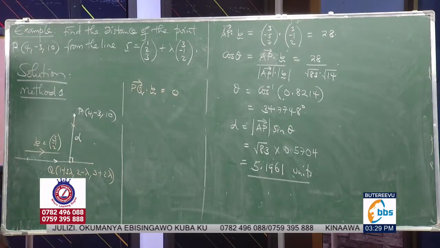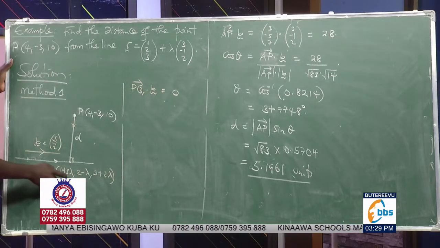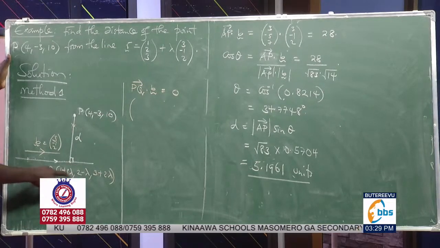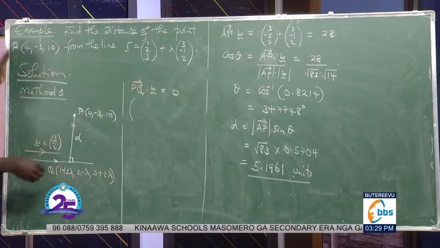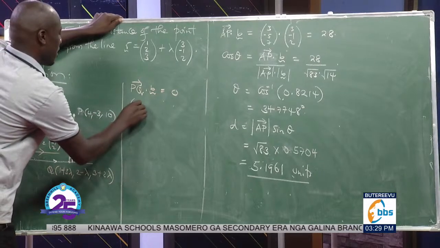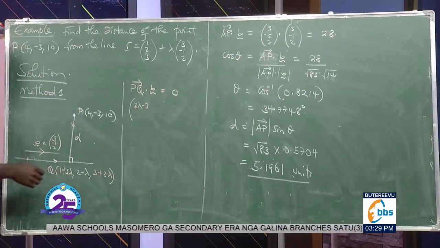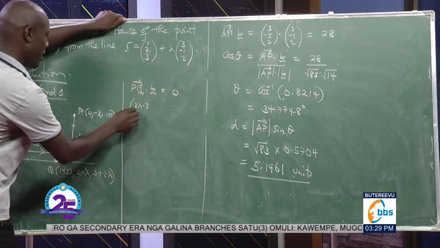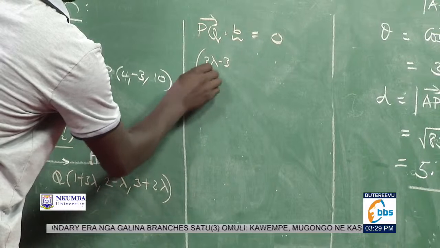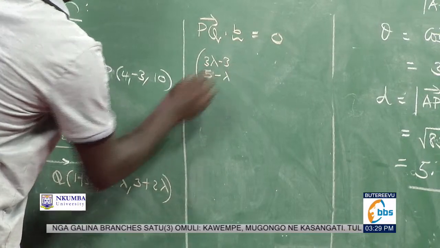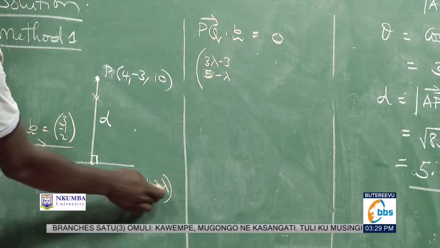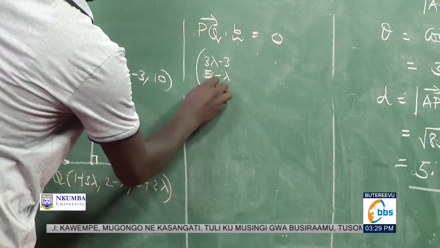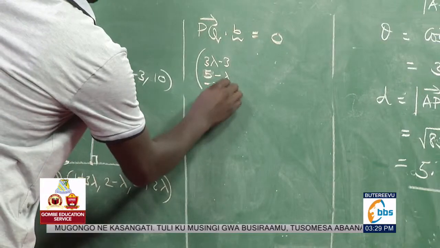The vector PQ is this minus that. So we have 1 plus 3 lambda minus 4, which is 3 lambda minus 3. And then 2 minus lambda minus 3 is 5 minus lambda. And then 3 plus 2 lambda minus 10 is -7 plus 2 lambda.